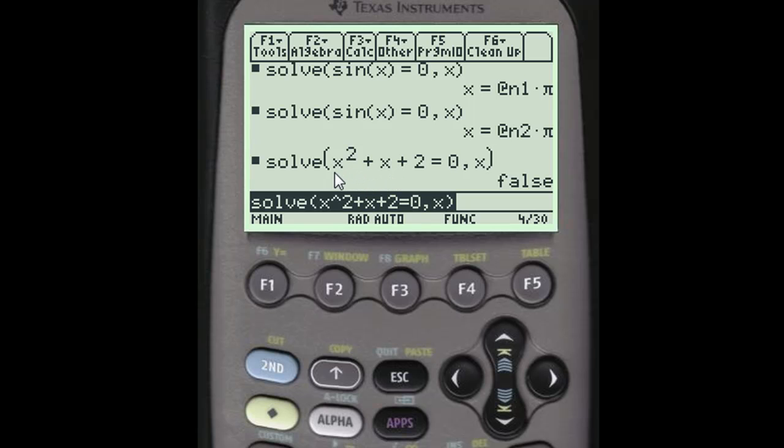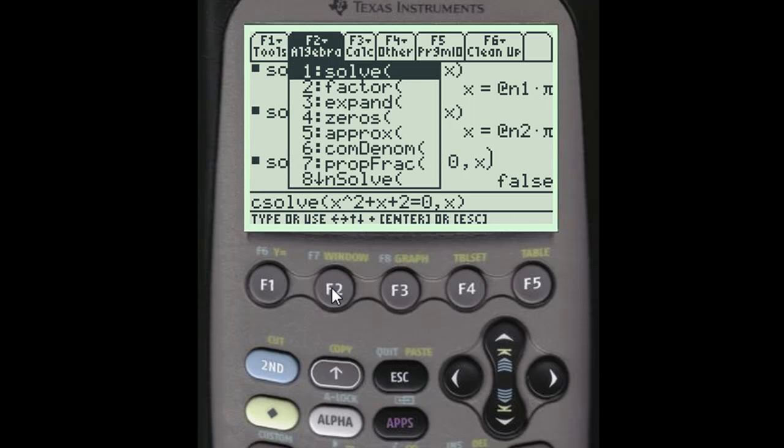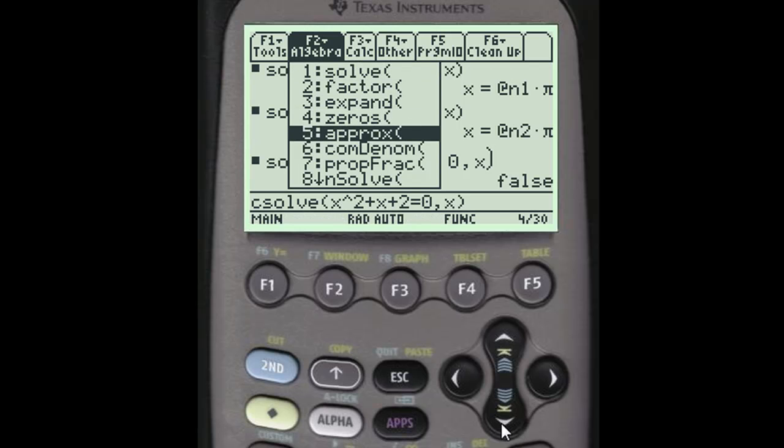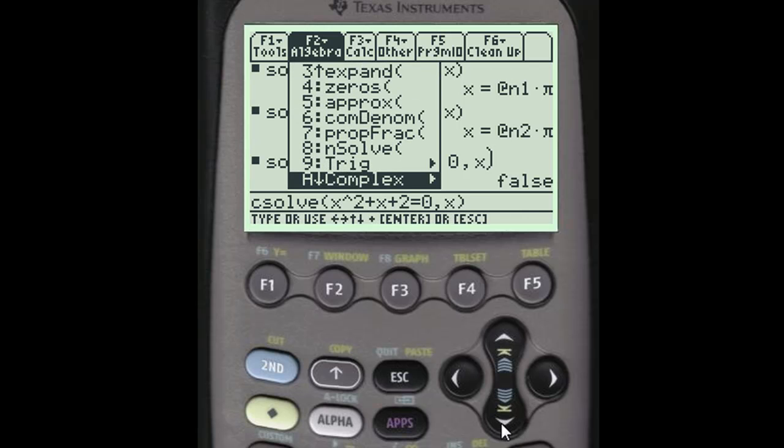So the way we can get around that is, instead of solve, we put in csolve, like this. So you can just type C in front of the solve if you want, which I find the easiest. Or if you want to retype everything again, or you're starting from scratch, you can find the csolve function under the algebra menu, F2, and you're going to want to go down until you see complex, which is option A, which opens up another menu, and the first one there is csolve.